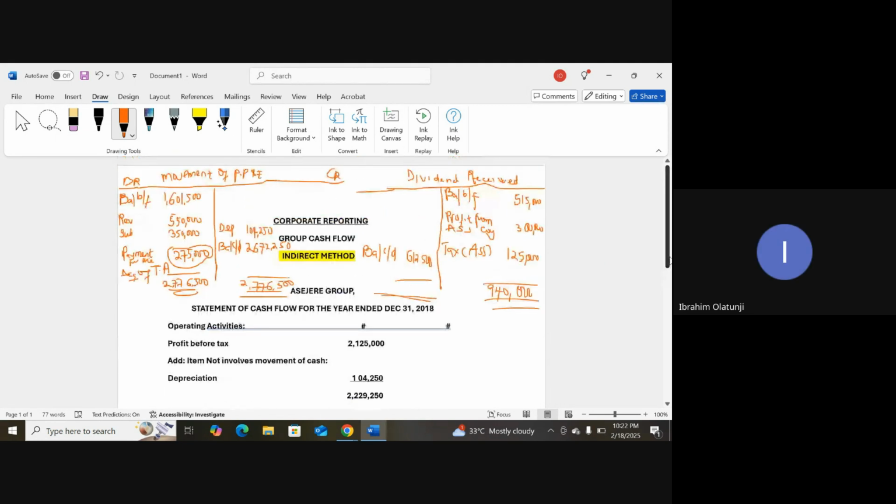Then the difference, 327,500, is the balancing figure. How much do you call it? 327,500. Others, please help to confirm.